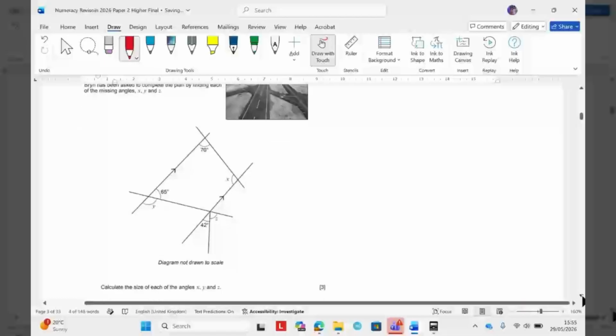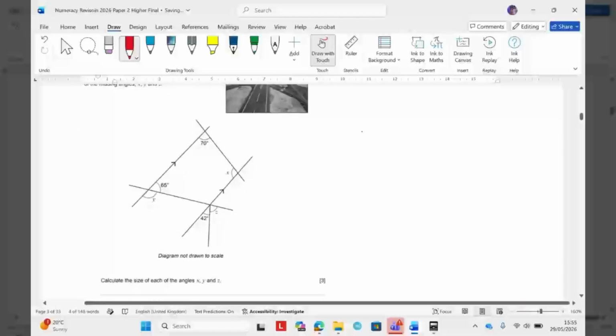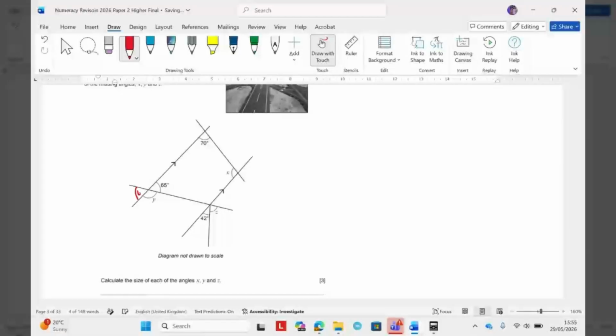You can read all the gumph there, right? But really, if we get some parallel lines, chaps, let's put in everything we know. If this is 65, this is 65. Take the 65 away from 180, you get 115. This is 115, and this is 115, okay? This group here that we've worked out is the same as the group down here.